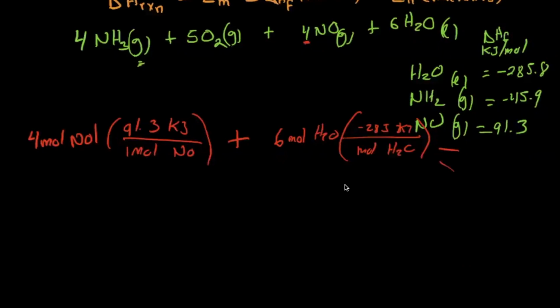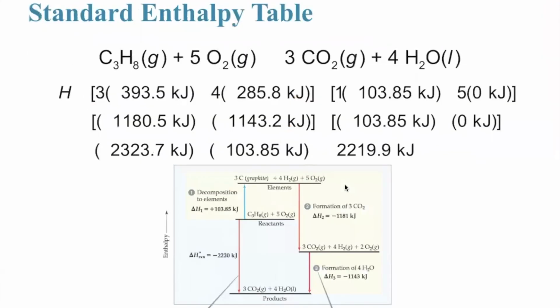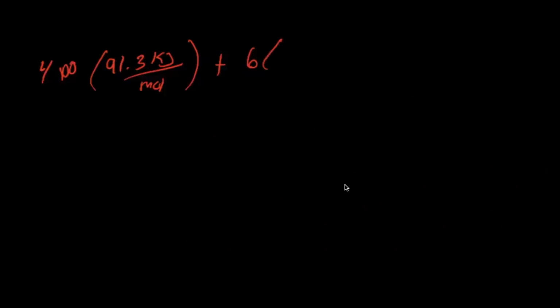So that's going to be 4 NO times 91.3 kilojoules per mole. That's 6 times 285.8. That should give you 1349.6 kilojoules.